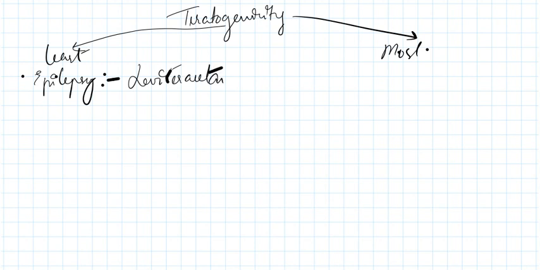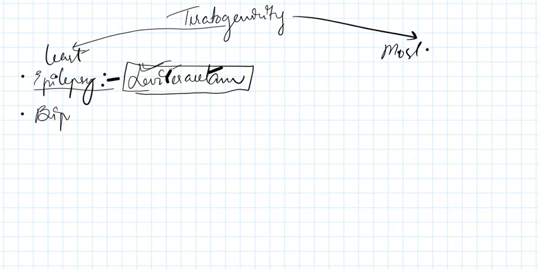So if you want the pregnant patient to be treated for epilepsy and also want it to be least teratogenic, then obviously you go for levetiracetam. As well, if the pregnant woman has bipolar disorder, one of the least teratogenic drugs that can be given is lamotrigine.